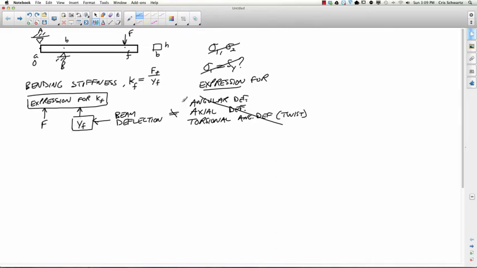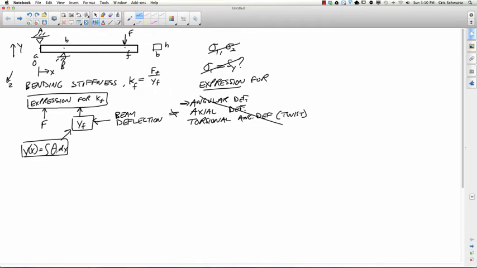Well, it actually comes from the information you need to calculate angular deflection. So we can put theta in there. And one thing that I think would be helpful is if you remember the fact that Y of x, if we define that as the x direction and up as the y direction, so that means z would be out of the screen here, is the integral of angular deflection.